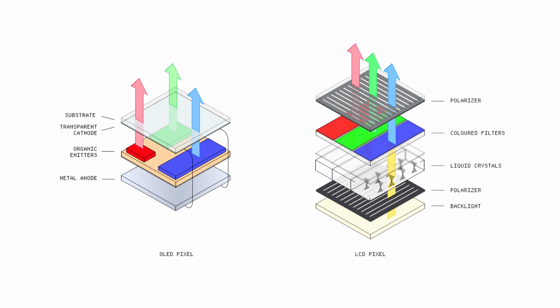OLEDs and LCDs are the two dominant technologies, but they really represent two fundamentally different ways of rendering an image. An OLED is self-emissive, kind of like a CRT, where the pixels produce their own light. But an LCD is transmissive, and that just means that it has a backlight, and it sort of filters the backlight to present the image.